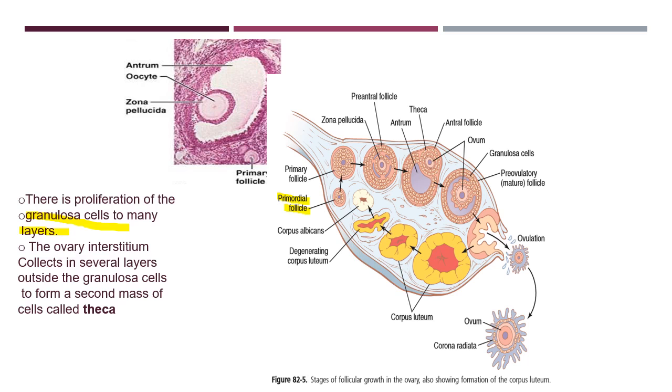And then the interstitium of the ovary will build another group of cells called theca cells outside the granulosa cells to form a second mass of cells that are called theca. And this theca is divided into two layers, the theca interna and theca externa.